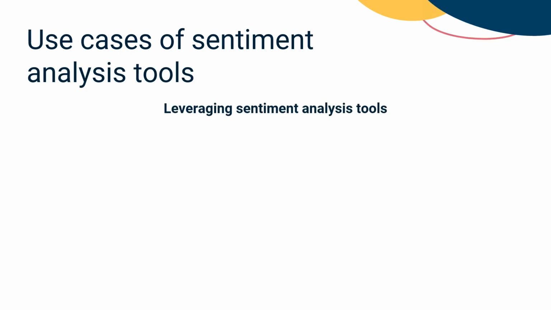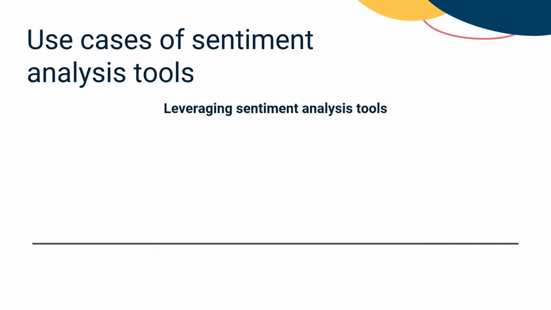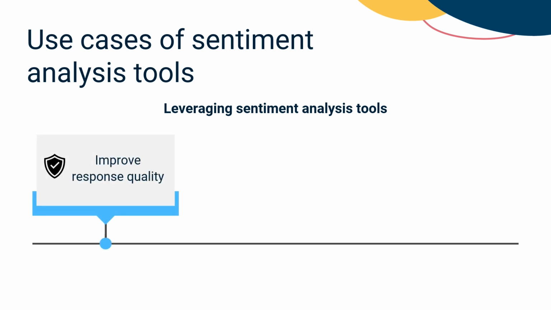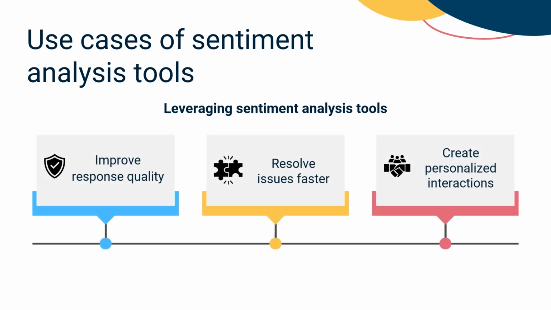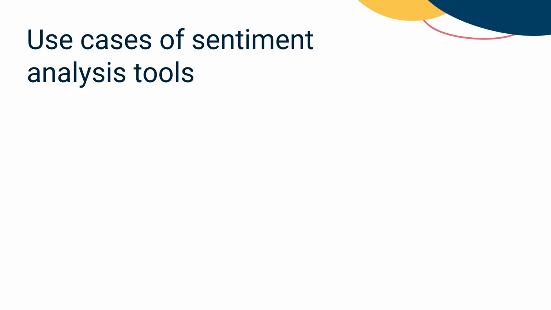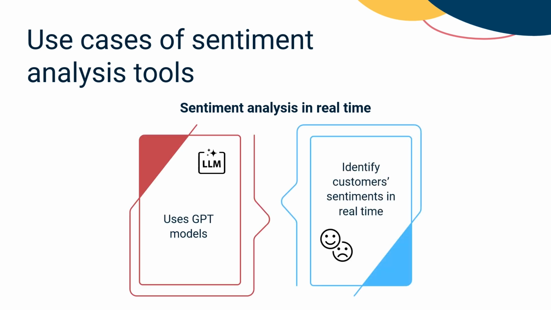Integrating generative AI in sentiment analysis tools for customer support can improve response quality, resolve issues faster, and create more personalized interactions. Let's understand how generative AI and sentiment analysis tools can work together in the customer support system. Generative AI in sentiment analysis tools helps identify customer sentiments in real time using generative pre-trained GPT models.